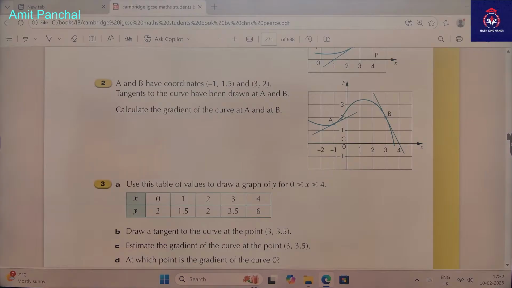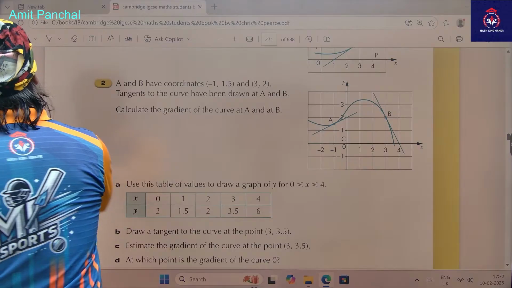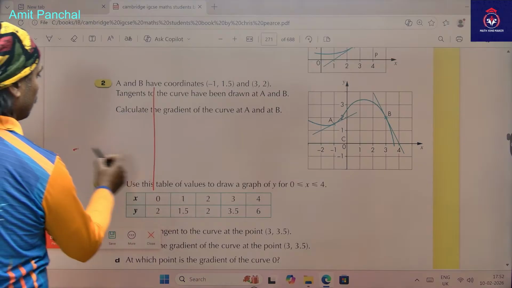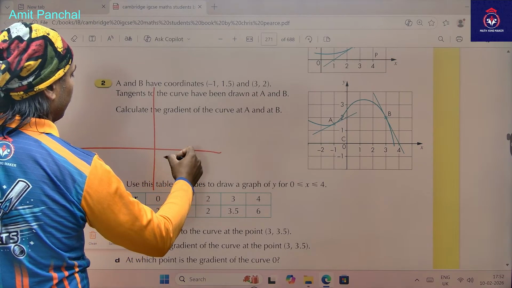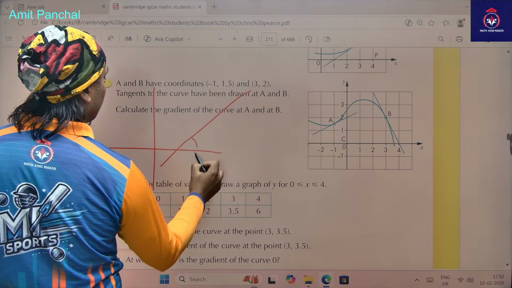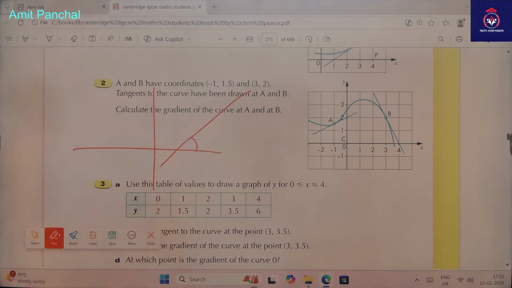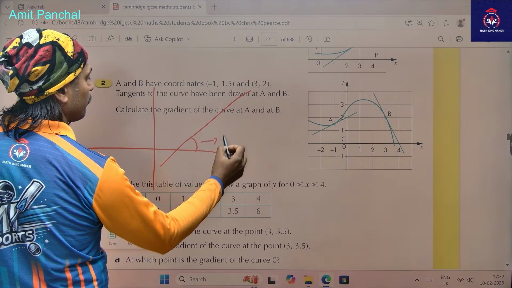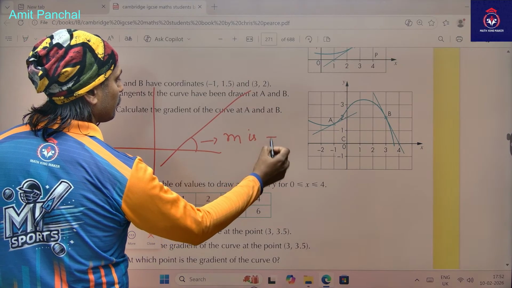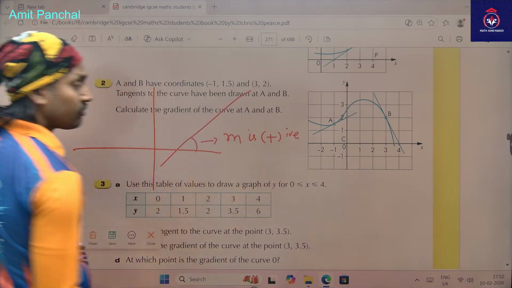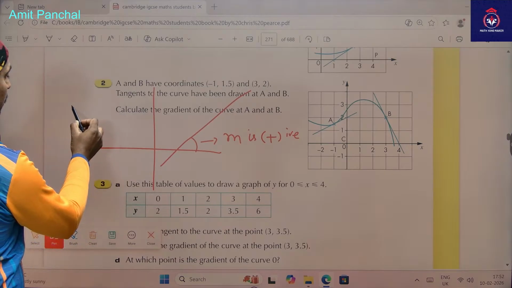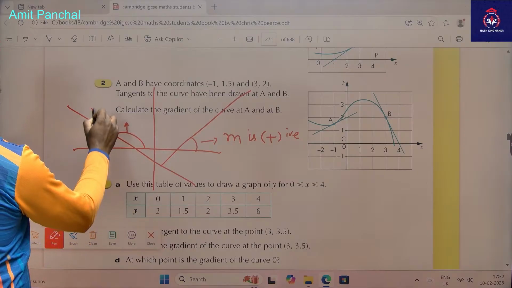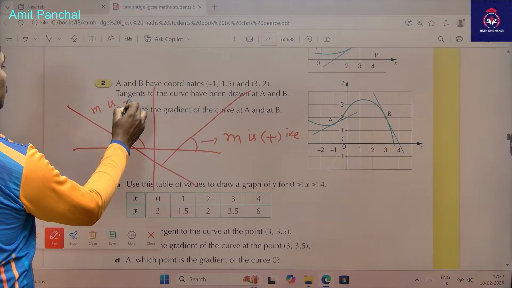And see one more thing. If you have a straight line which is making an acute angle with the x-axis, then its gradient will be positive. If you have a straight line which is making an obtuse angle with the x-axis, then its m will be negative. Just note it down.